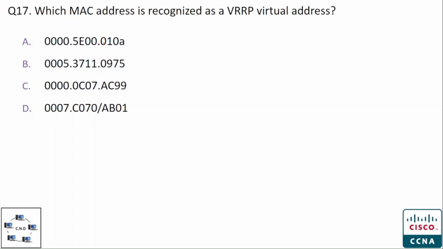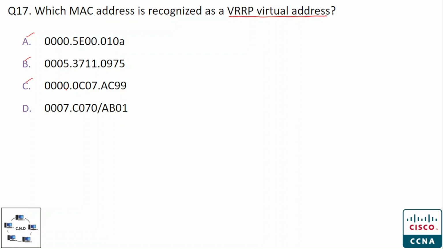Question number 17. Which MAC address is recognized as the VRRP virtual address? And the options are option A, 0000.5E00.010A. Option B, 0005.3711.0975.